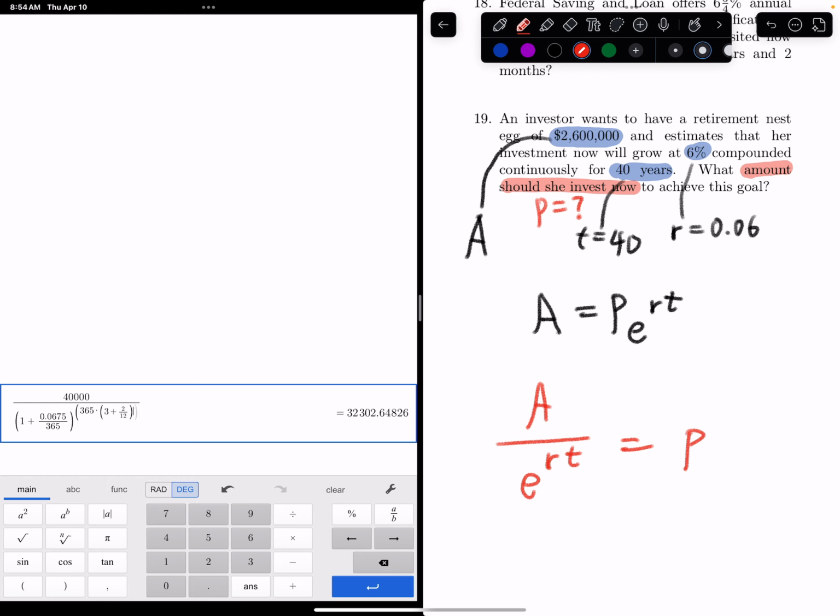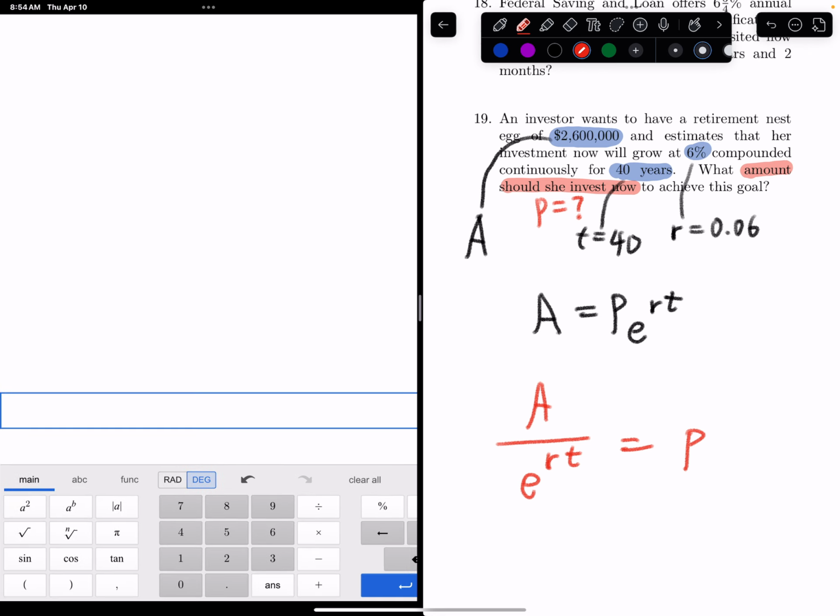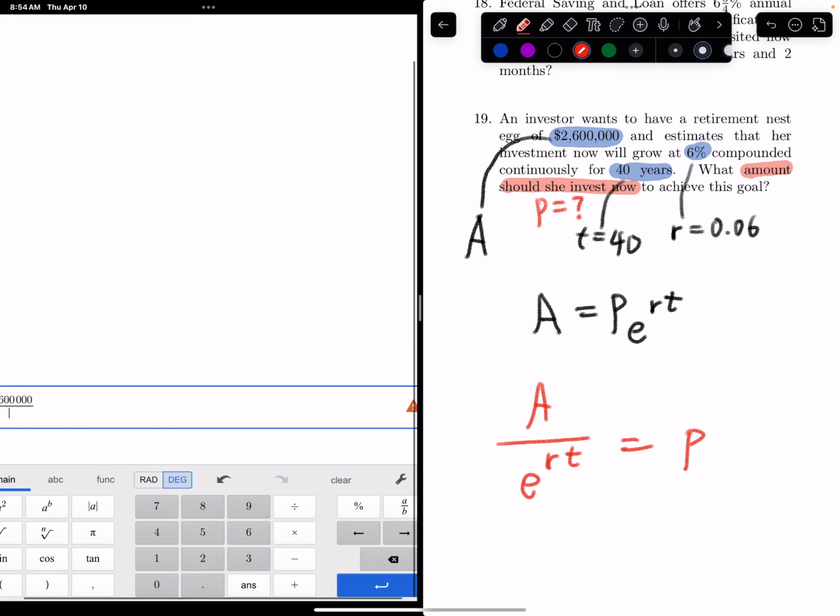So new calculation here. Oh, I should just press clear. Okay, here you go. A is 2,600,000. And you're dividing that by e. Where's e?